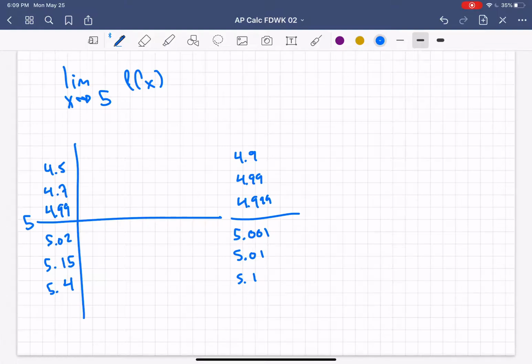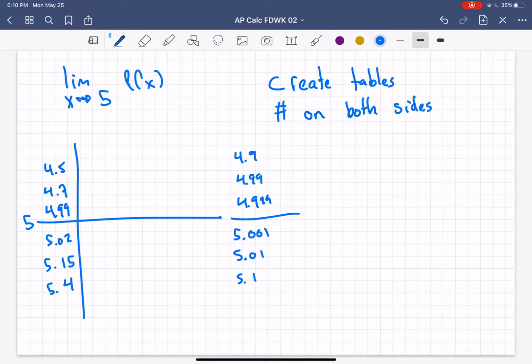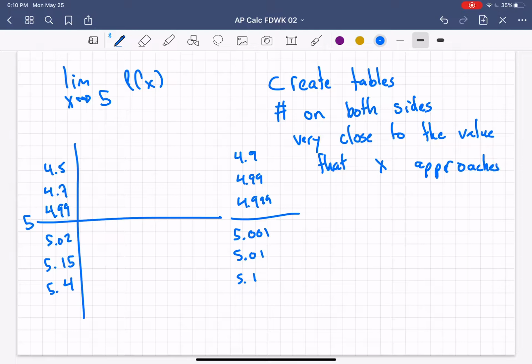So you will have a Khan Academy that's about creating tables, and we want to make sure when we create tables, we have numbers on both sides very close to the value that x approaches. Here I said x approaches 5, so we tried to find numbers that are very close to 5.